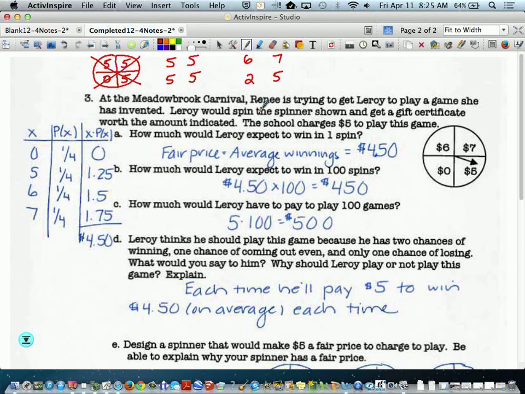So what's happening mathematically is you're multiplying every event by its probability, right? Every event by its probability. So why not think of it as, well, if the spinner has 4 equal parts, the probability is 0.25 of every one.